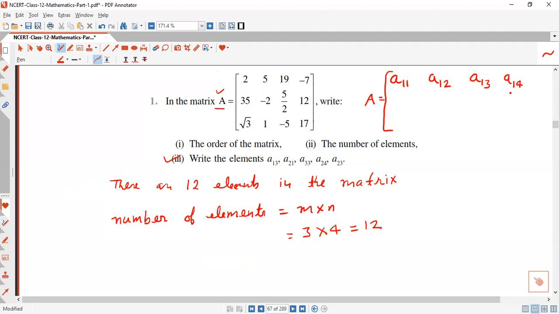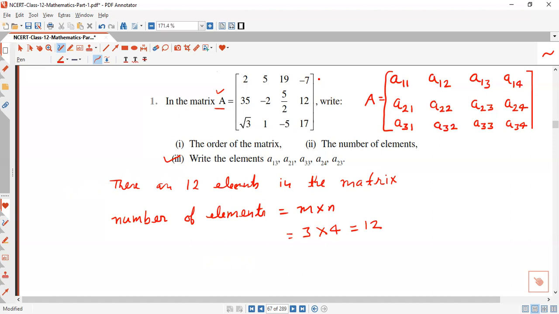A14, first row, fourth column element. Similarly, A21, second row, first column element. Then second row, second column element, second row, third column element, second row, fourth column element, A24. Third row, first column element, third row, second column element, third row, third column element, and third row, fourth column element.